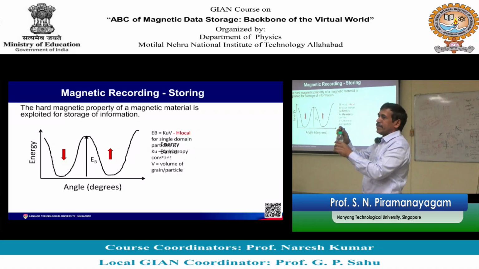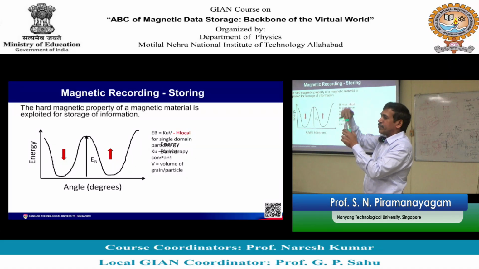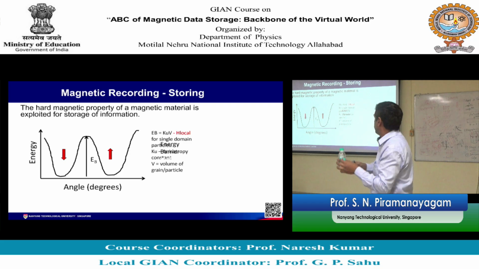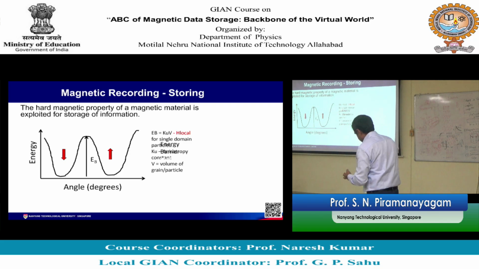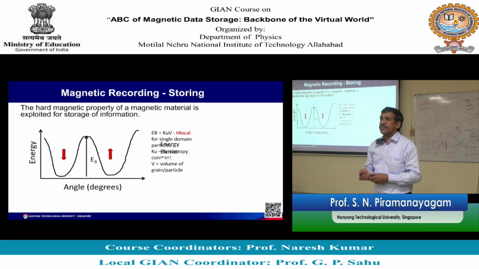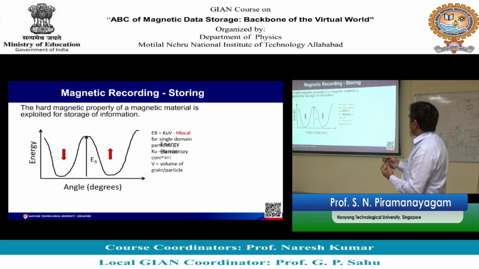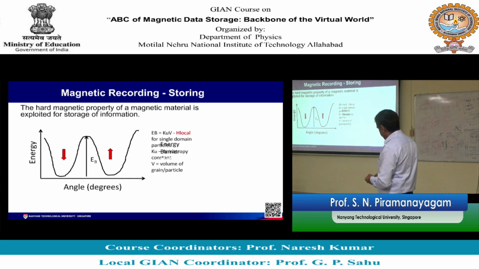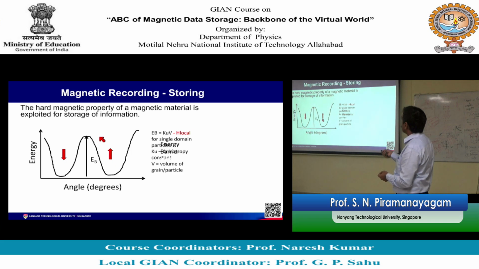Magnet is still in the same position, but I apply magnetic field in the opposite direction and convert this north pole to south pole, this south pole to north pole. So, I can do that by applying very strong magnetic field. Okay. So, what stops me from flipping the north pole to south and south pole to north is the energy barrier. Okay. So, we learnt about anisotropy yesterday.